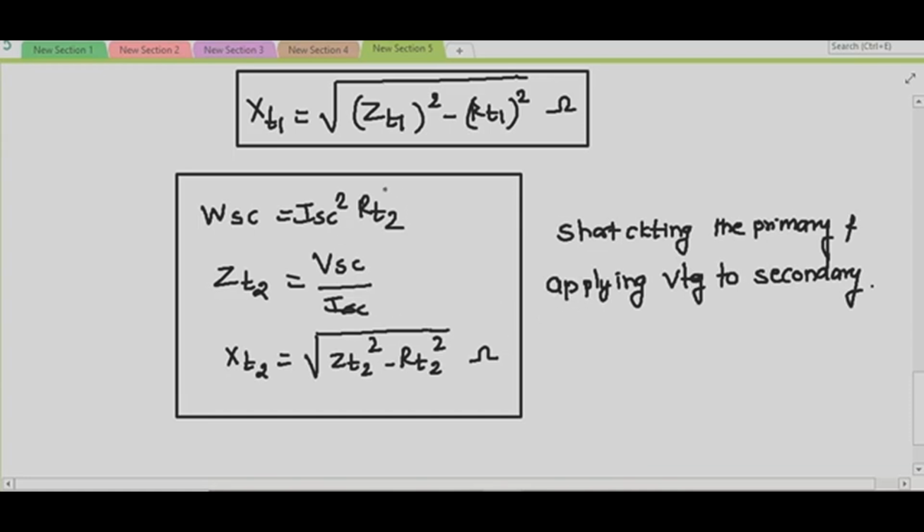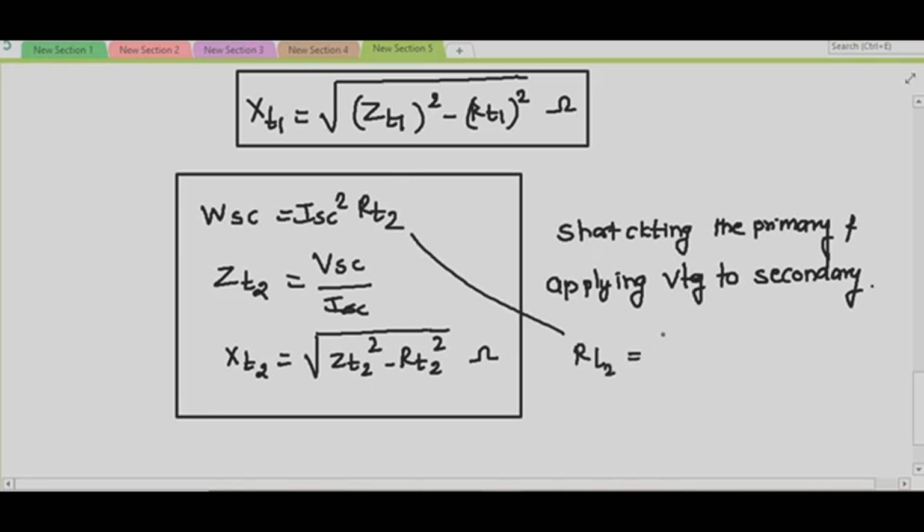Then at that time, what is your RT2? Total effective resistance of the transformer referred to secondary side. So WSC will give you ISC square into RT2. Then from this you can find out RT2. What is RT2?